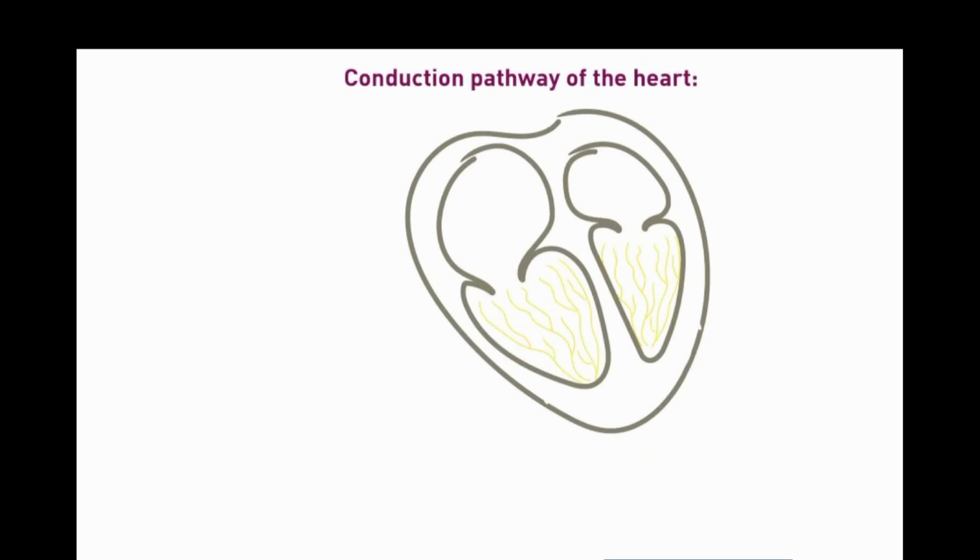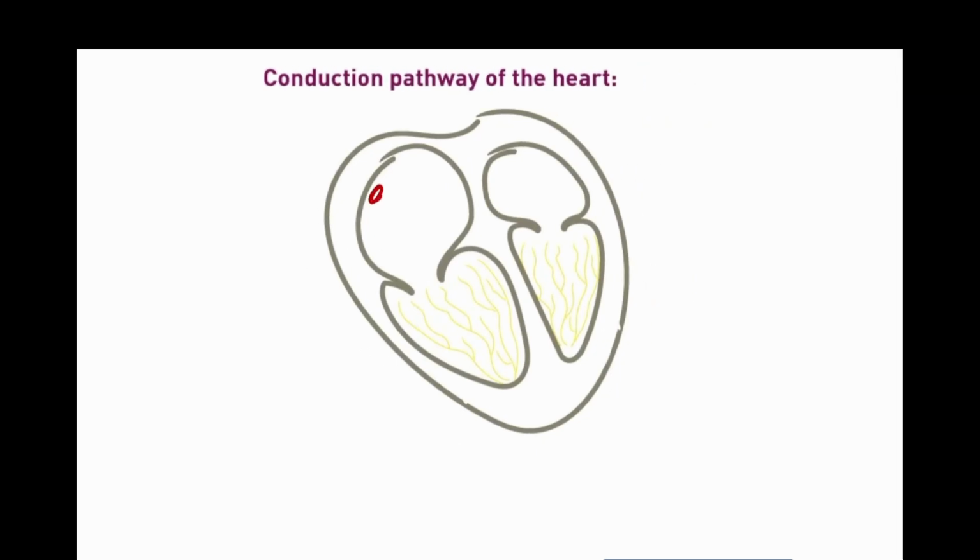They just need to cause the depolarization to occur because remember, the entire heart will depolarize if one cell depolarizes. In our hearts, that one cell area that constantly depolarizes all the time is located up here in the right atrium, and it's the sinoatrial node, or SA node.